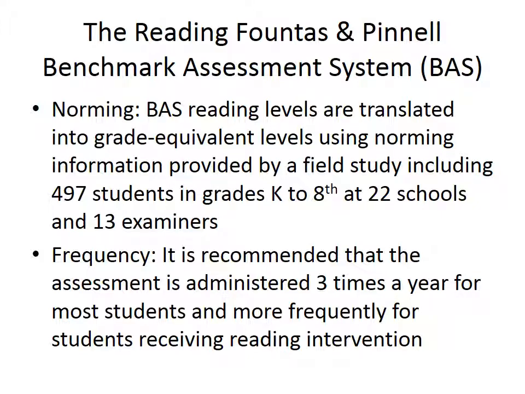Through this norming, the BAS reading levels are translated into grade equivalent levels, so that, for example, in second grade, if a student is in reading level F, is considered below grade, G is considered at grade, and H is considered above grade.